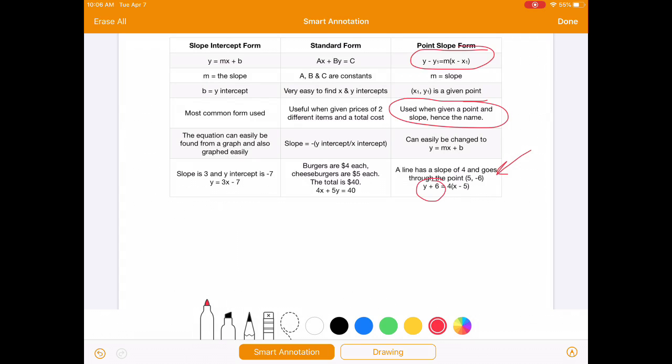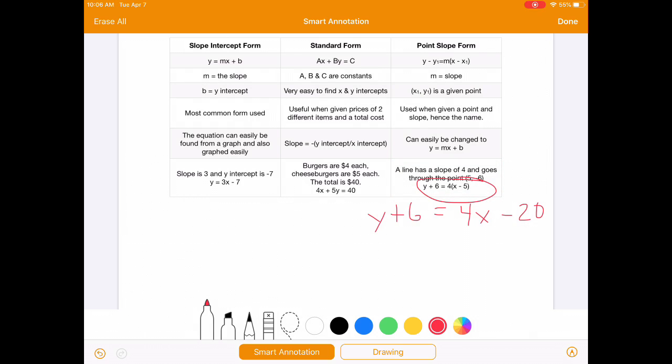Now, the nice thing about point slope form is it can very easily be changed to y equals mx plus b. If we just look at the equation that we have here, y plus 6 equals 4x minus 5, the first step in changing this to slope-intercept form is using the distributive property. So we're going to leave the y plus 6, and we're going to distribute that 4 to 4x minus 20.